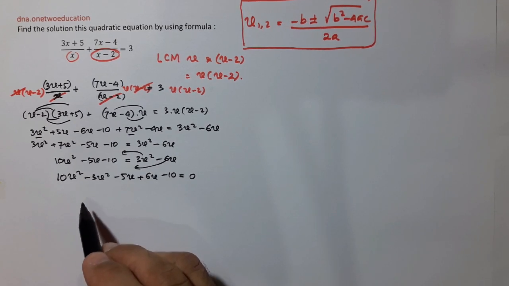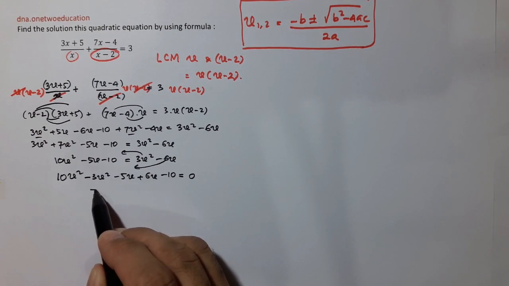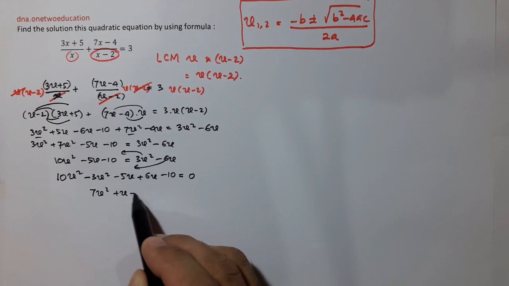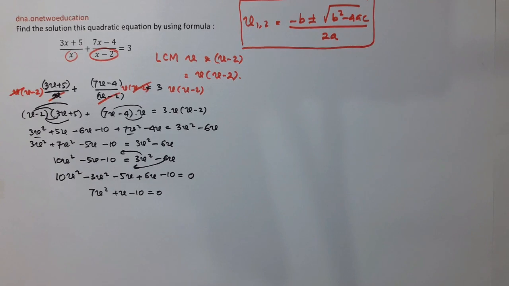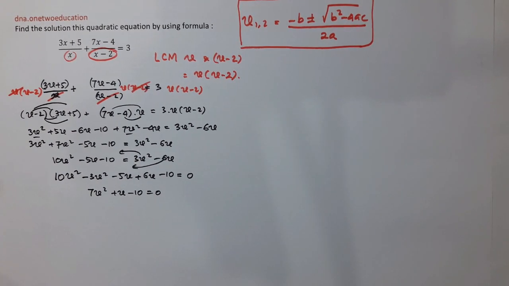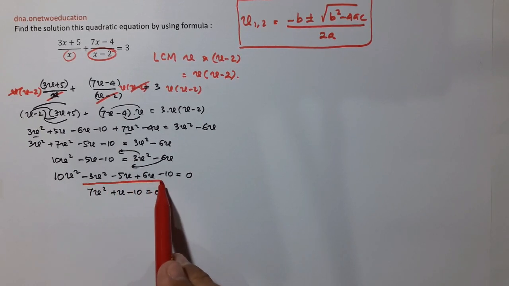Now we can simplify again. So this one is 7x squared plus x minus 10 equals 0. This is our new quadratic equation.